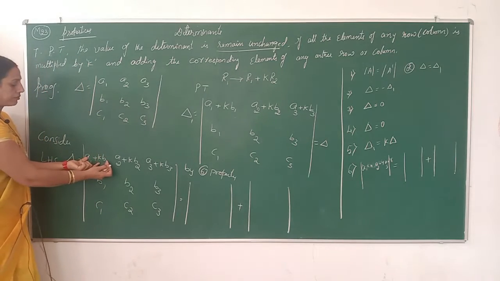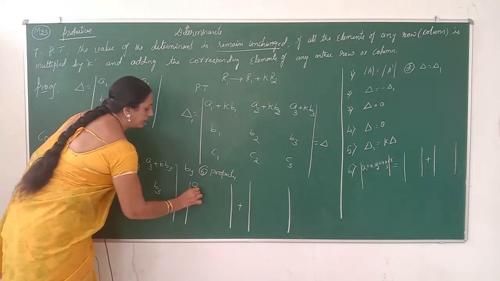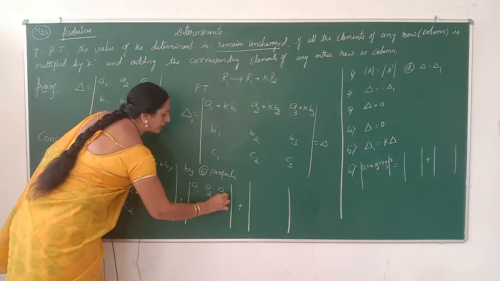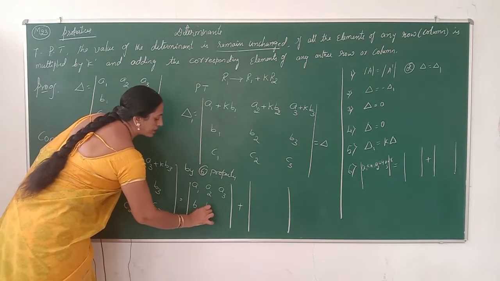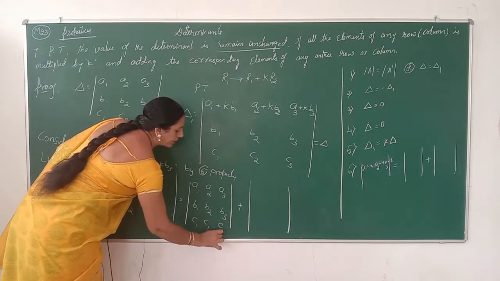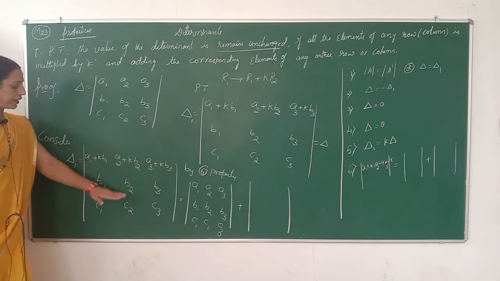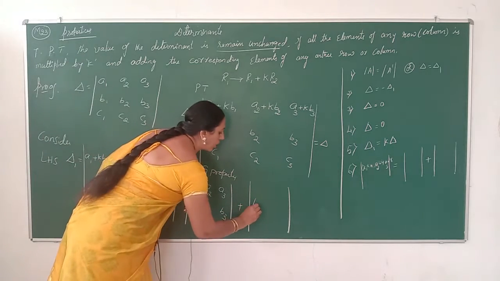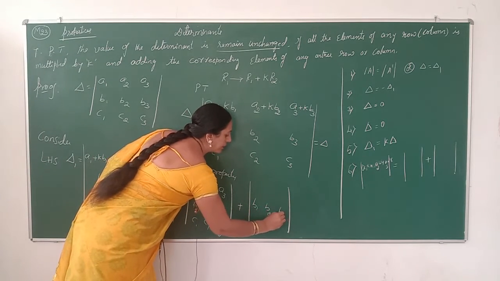In the first determinant the first row is A1, A2, A3, the second row is B1, B2, B3, and the third row is C1, C2, C3. The second and third rows are not altered in either determinant.